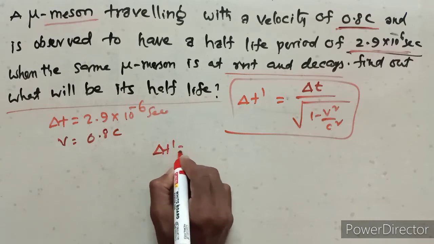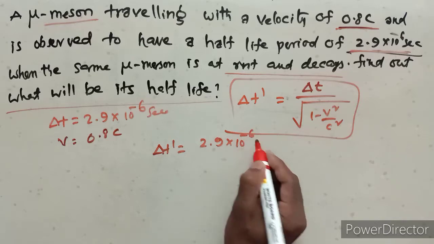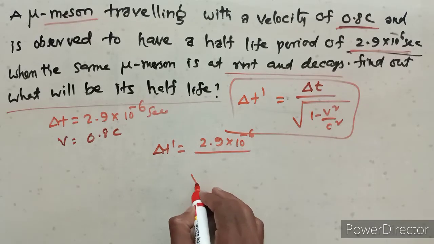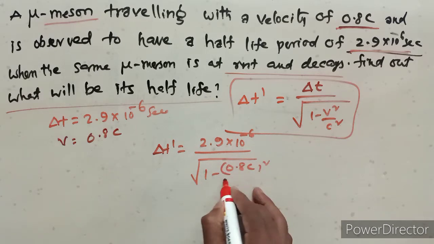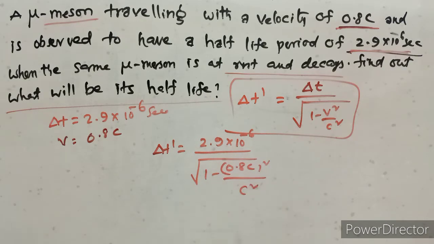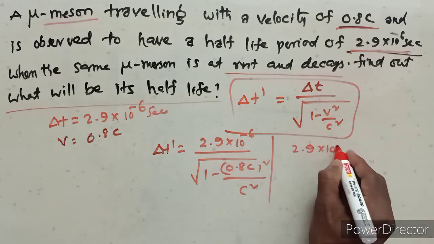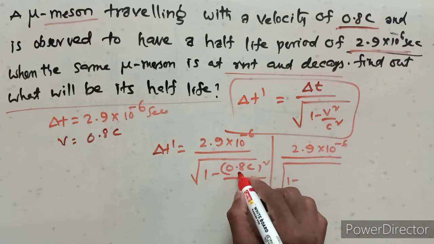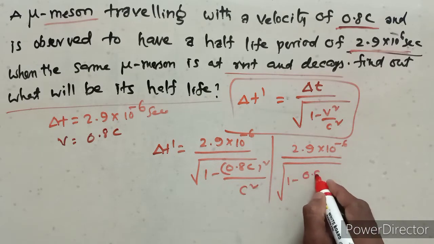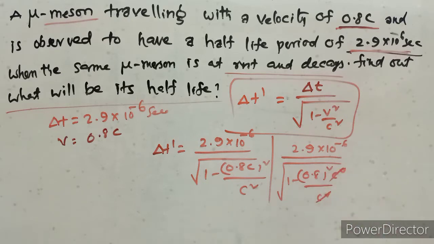Delta t dash equals delta t, 2.9 into 10 to the power of minus 6, upon under root of 1 minus (0.8 c) whole square upon c square. Here c square cancels.